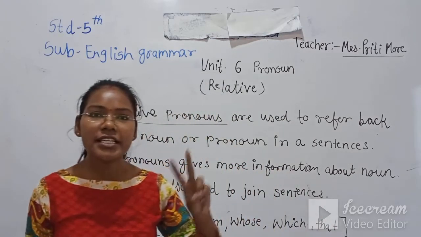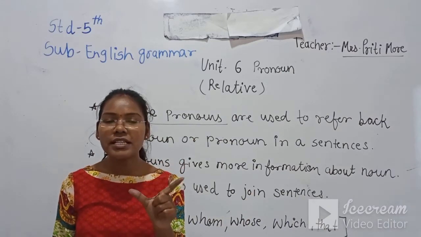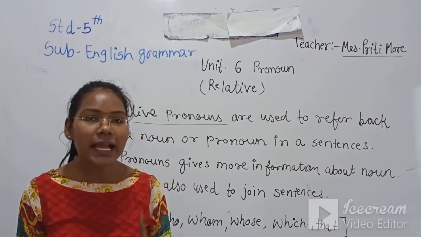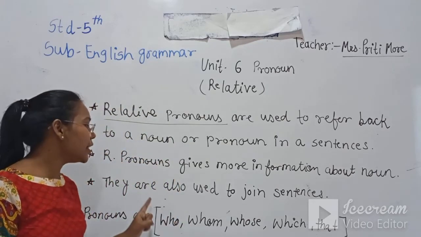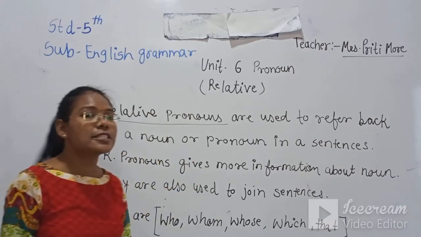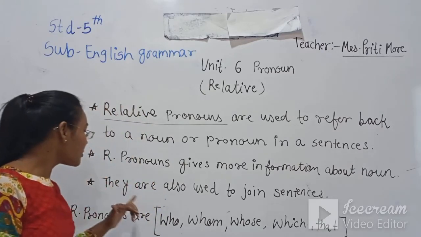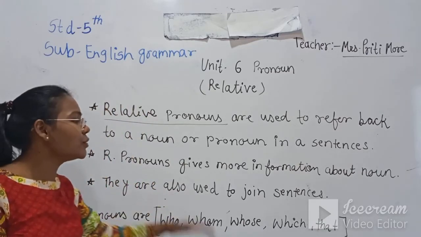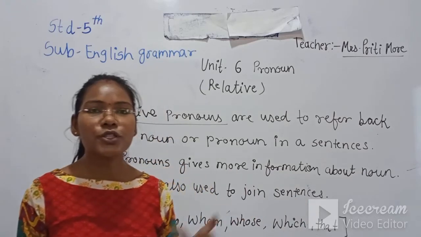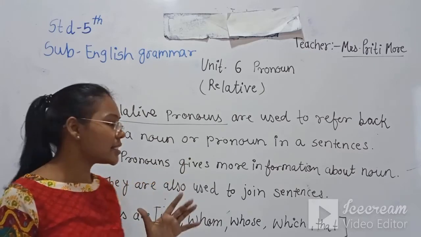If two sentences are there, and we have to join these two sentences and make one single sentence, that time we use the relative pronoun. That means relative pronouns give us more information about noun and pronoun. Even relative pronouns are used to join two sentences and it helps us to make a single sentence of the given two sentences.